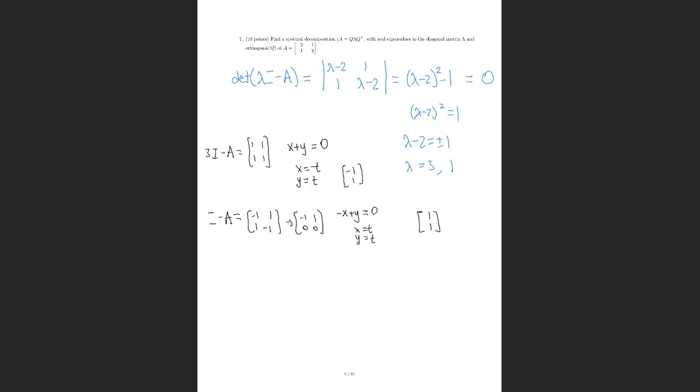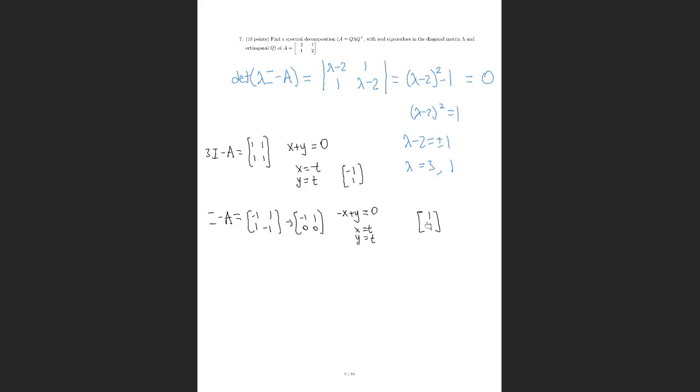And so for the spectral decomposition, you need to make sure that your eigenvectors are orthonormal. Now, remember that the eigenvectors corresponding to distinct eigenvalues are already going to be orthogonal to each other for a symmetric matrix.